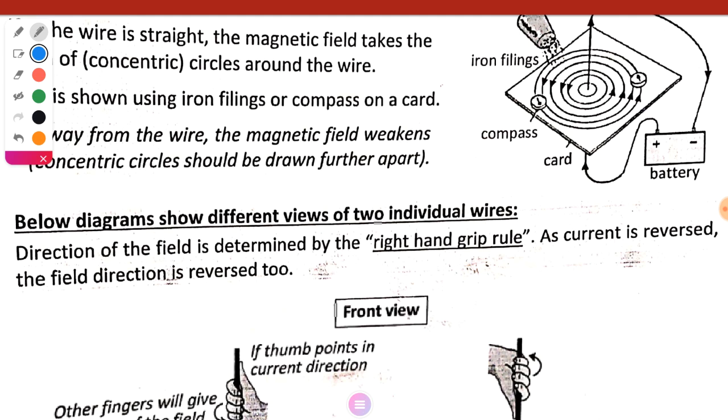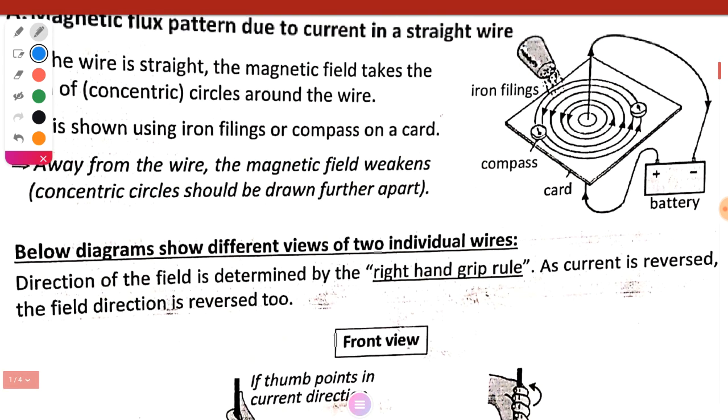Iron filings or a compass away from the wire show that the magnetic field weakens. This means that when we go away from the wire, the magnetic field decreases. Concentric circles should be drawn farther apart.